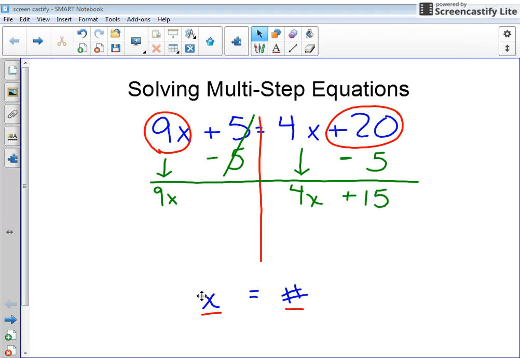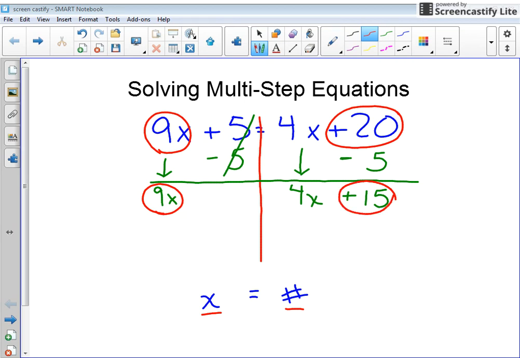Okay, so I'm going to go through the same step that I did above. I want to have the variable, which is 9x, on the left-hand side, and I want to have the term without the variable on the right-hand side. The item that I did not circle is the next item that I'm going to eliminate.